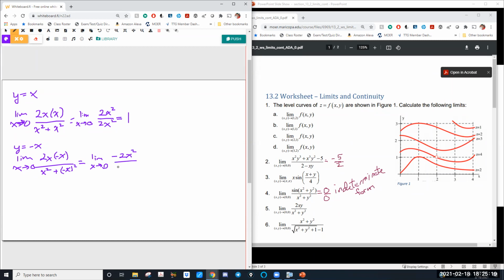The bottom works out pretty much the same. And that comes out to positive 1. I'm sorry, I even said positive 1. That comes out to negative 1. That is not equal to what we got in the other direction. So this is a DNE. If any 2 paths that you choose are not equal, then we're guaranteed that the limit doesn't exist.